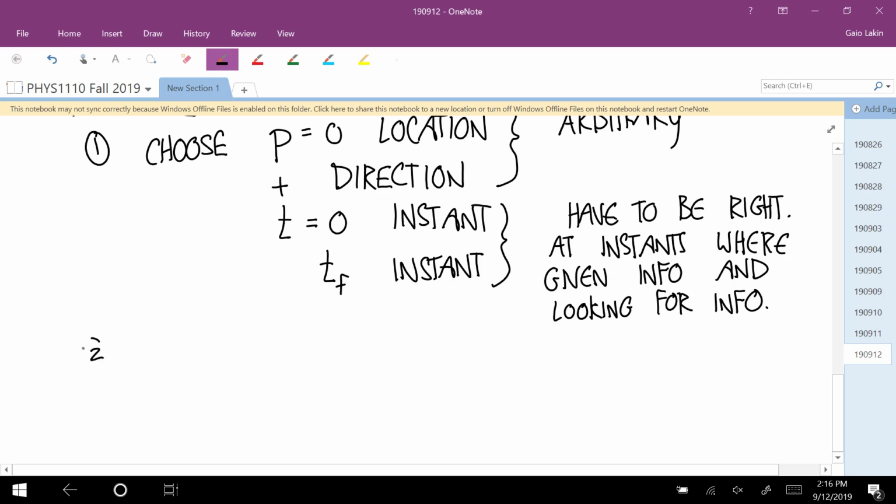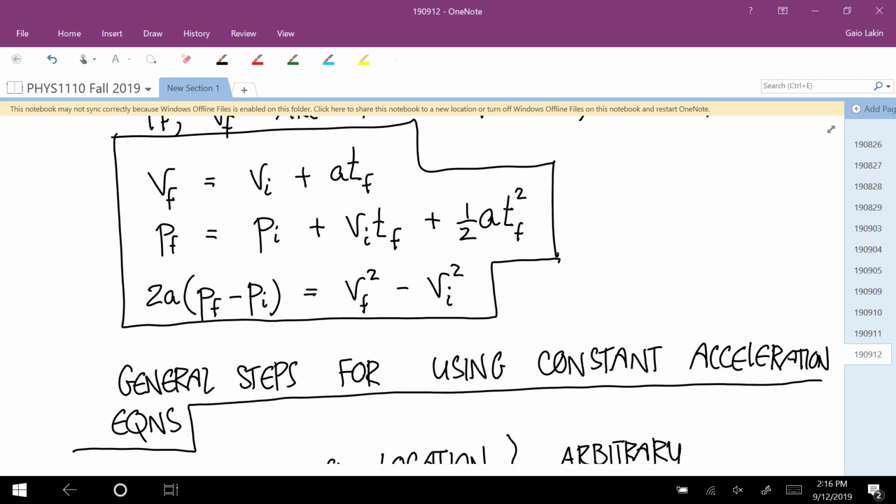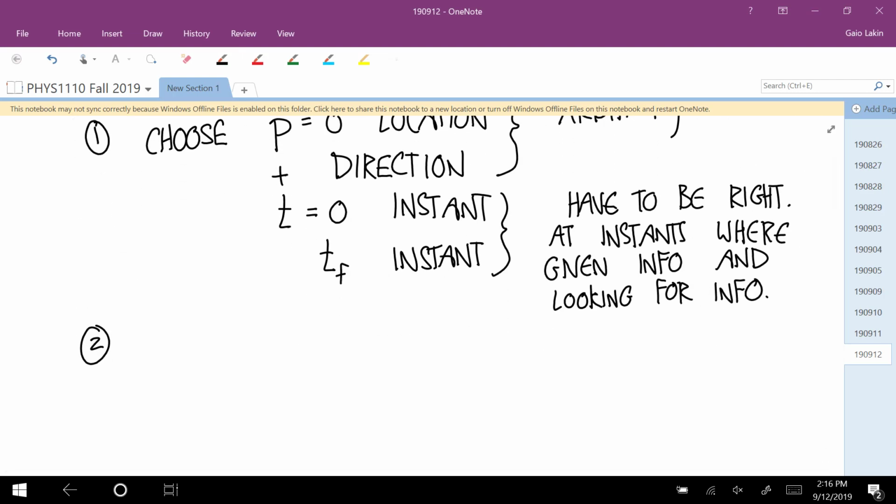The second step is, recognize here that in these three equations, there are only 6 variables that occur. Okay, there is time final, acceleration, P initial and P final, and V initial and V final. That's all the possible variables you could have. So for now, we're going to get in the habit of going through those step by step.